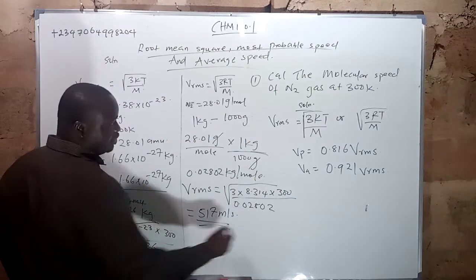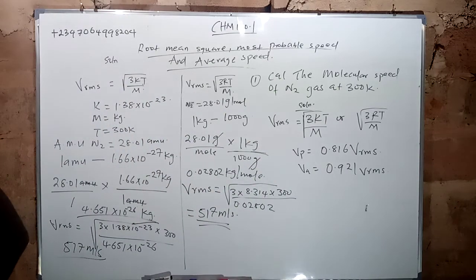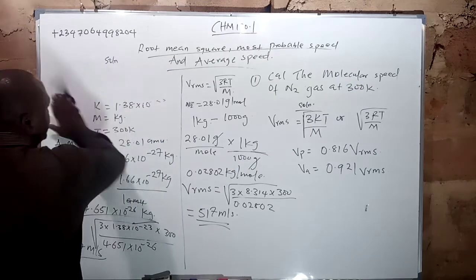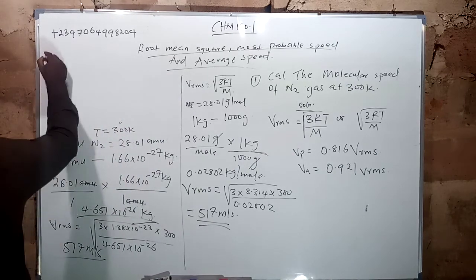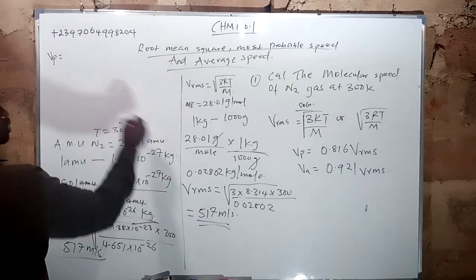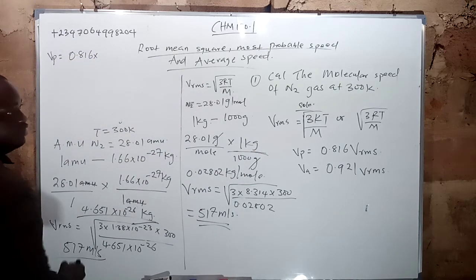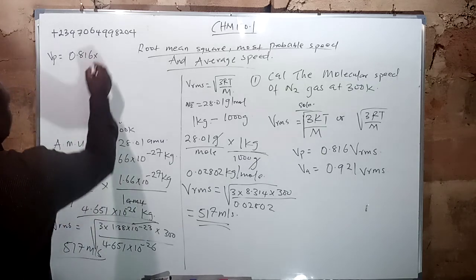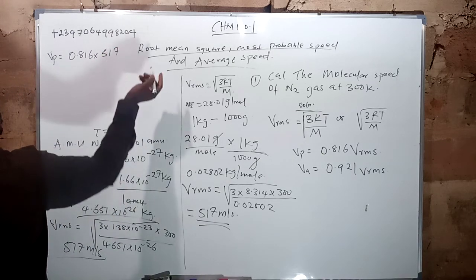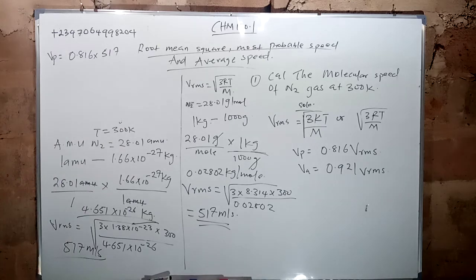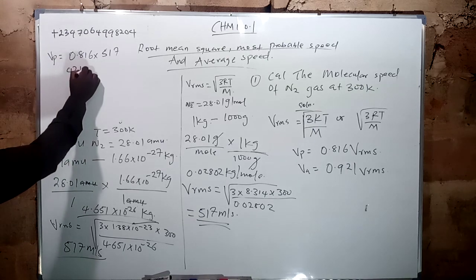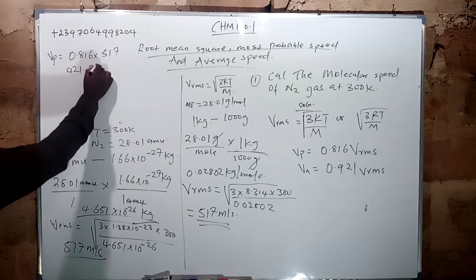So that's the formula. If you want to calculate your VP right now, all you need to do is VP is 0.816 times your VRMS, which you have already calculated to be 517. So if you punch it in your calculator, your VP is 421.872.